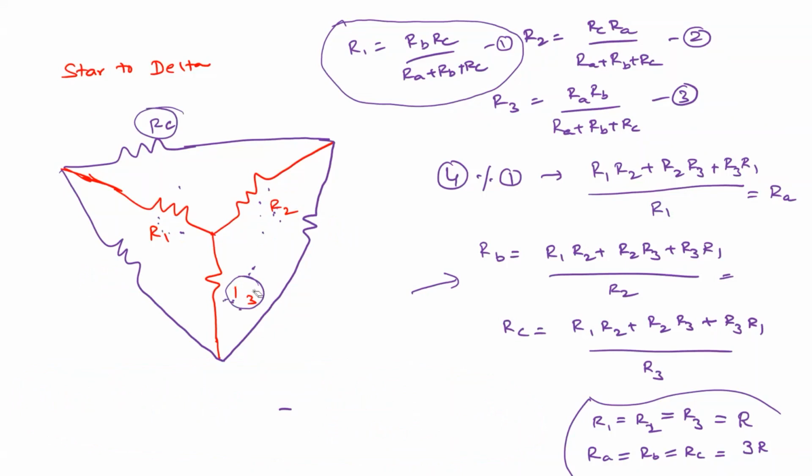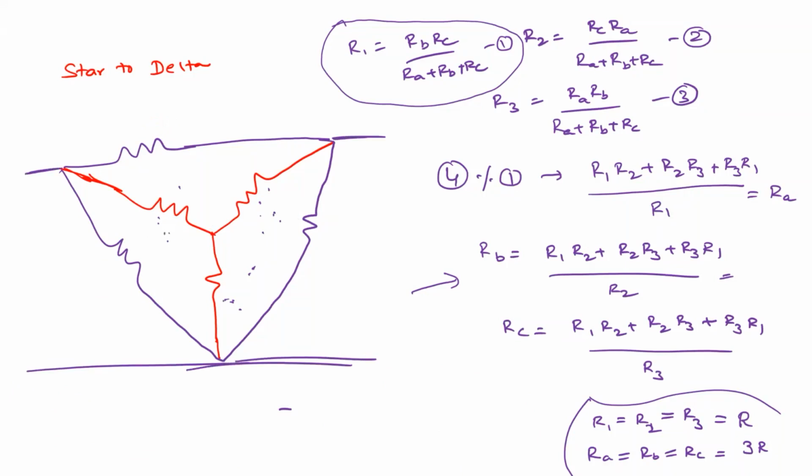Let us assume you have a circuit like this. Say this is 10 ohm, this is 20 ohm, and this is 30 ohm.